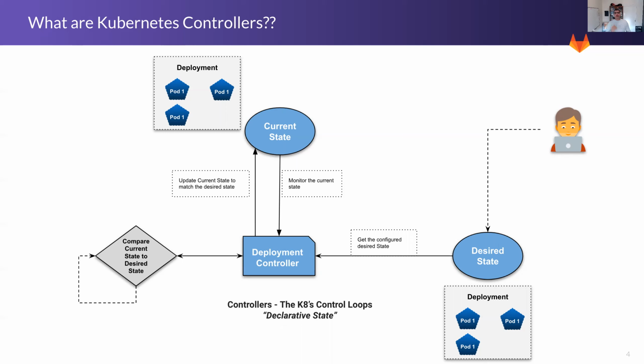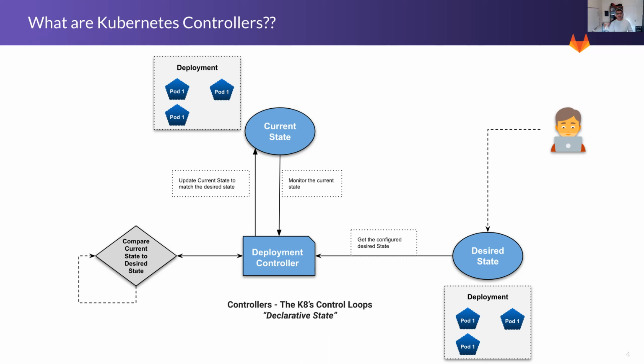Each of these objects has a spec field, the definition of the object, which holds a definition of its desired state. For example, in a deployment, I declare the number of replicas, the pods I want to have inside that deployment.